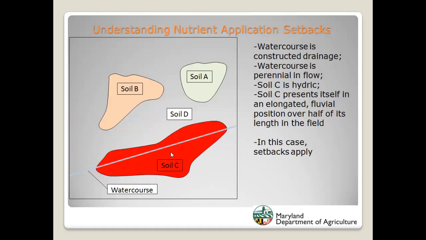The watercourse is constructed drainage, the flow is perennial, and this soil C presents itself in this elongated position, this fashion, and by policy we've interpreted to say that it's over half of its length, over half the length of the stream within the field, is this hydric soil in this elongated fashion. It's defined as a stream, and the setbacks would apply.